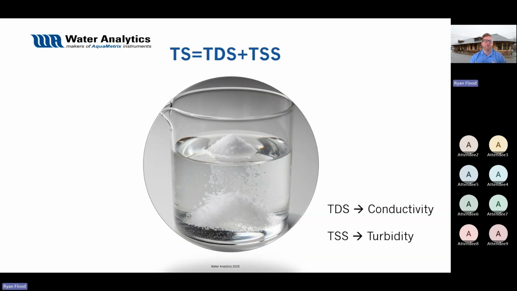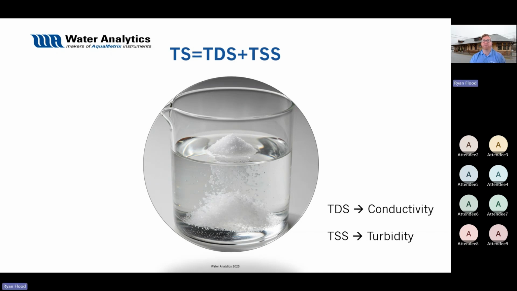Let's start first with total solids. Total solids is really a function of two different things: total dissolved solids and total suspended solids. For the most part, the way you're going to be measuring these from an analytical water perspective is that TDS is conductivity and TSS is turbidity.